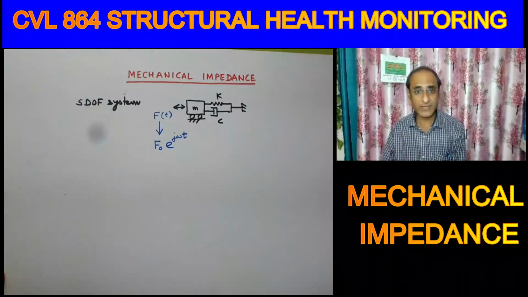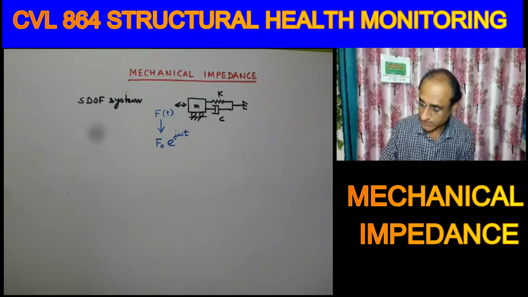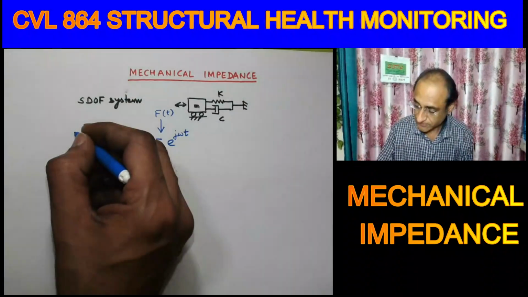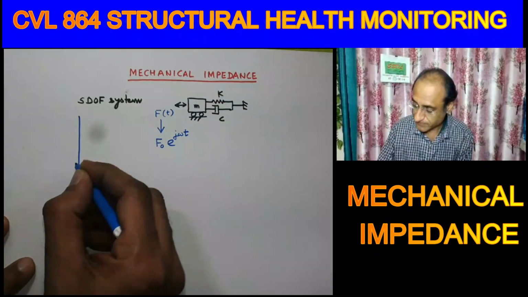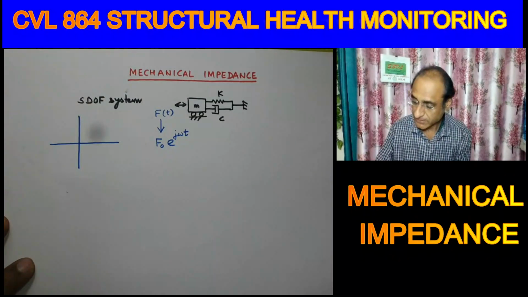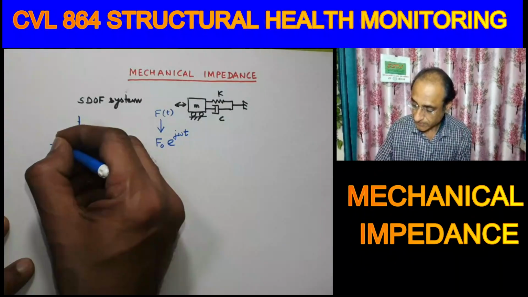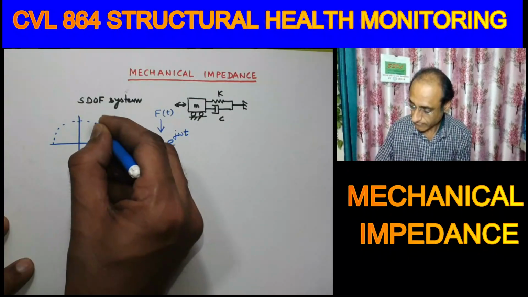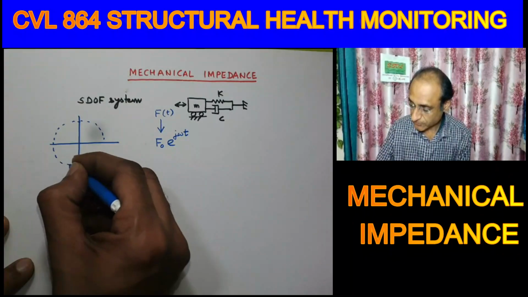We have already learned the concept of phasors, that generally we can consider a force such that force is a vector. When the vector is undergoing a motion like this, we call it a phasor.